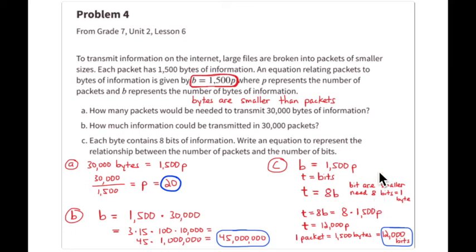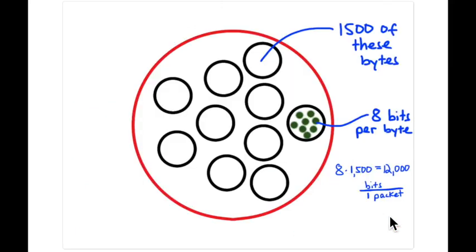If you said it quickly, it becomes comical to talk through this. For me, the best way to understand this is to make a drawing. So I did that where I made a drawing of a single packet. So what does a single packet look like? Well, in that single packet are 1,500 bytes. Now I couldn't draw 1,500 of these circles, but imagine that there are 1,500 of these circles.